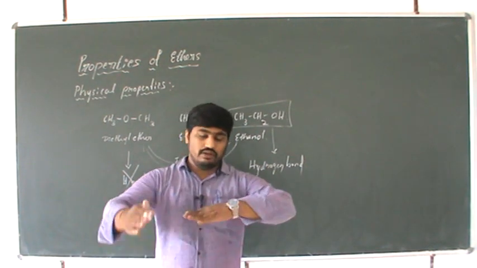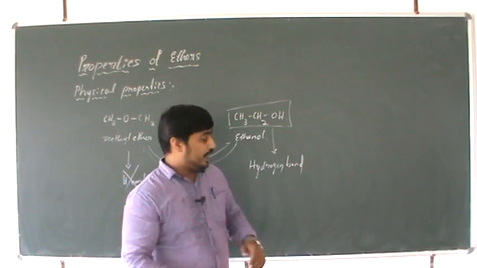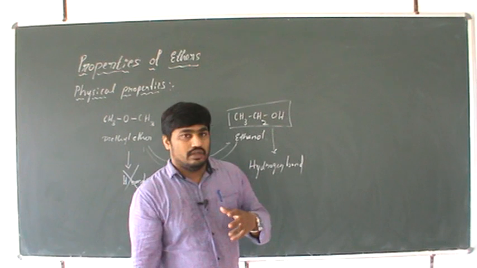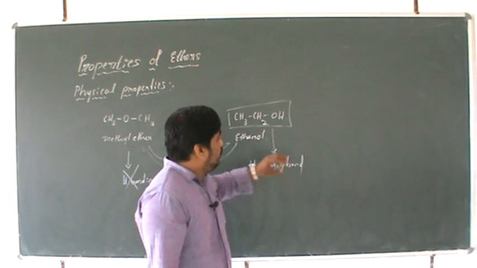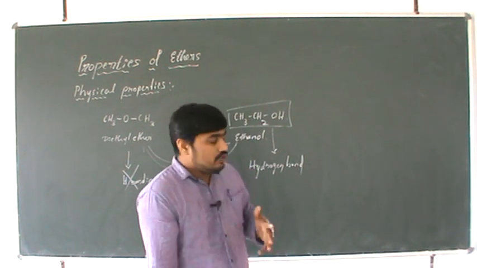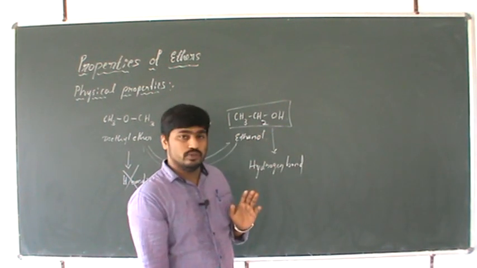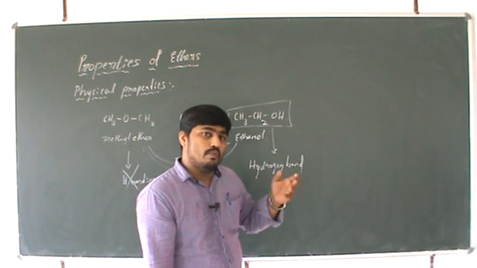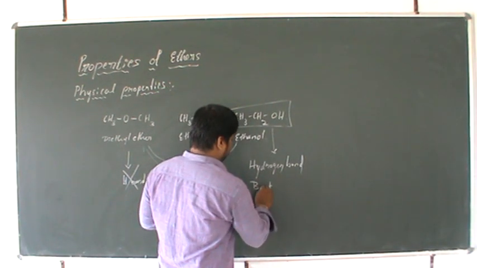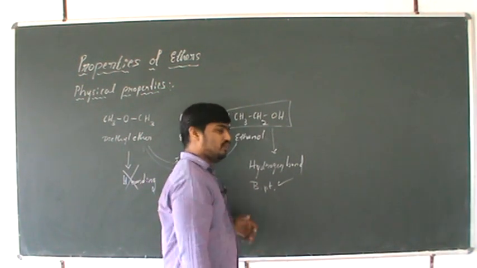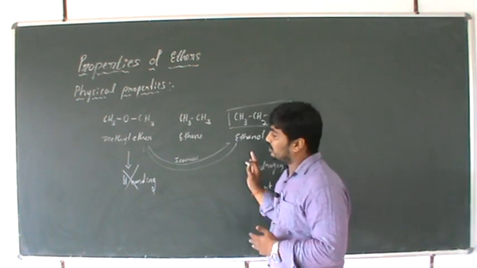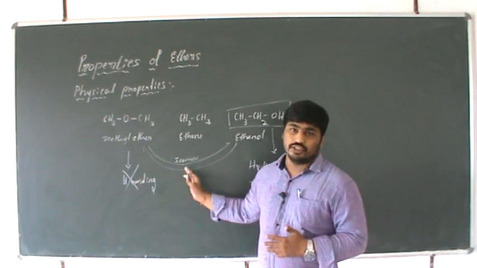One molecule of ethanol makes a hydrogen bond with another, so the molecular interaction is stronger. Because of the stronger interaction, a higher boiling point is observed compared to these two.